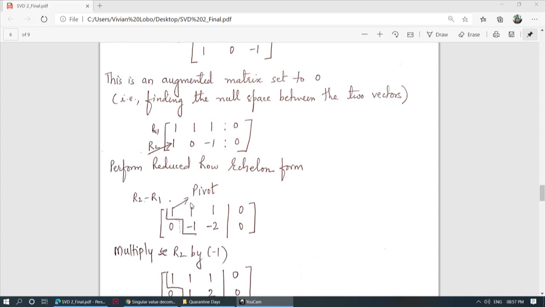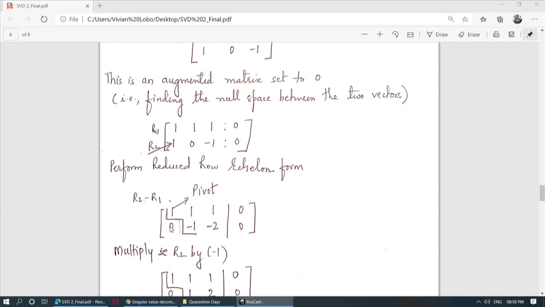So that element is called the pivot. So this 1 is the pivot for the first row. For the second row, when I get 1 over here, that will be called the pivot. Another condition is all the values below the pivot should be equal to 0. Now here, because there are only 2 rows, there is only one condition, that it has to be 0.